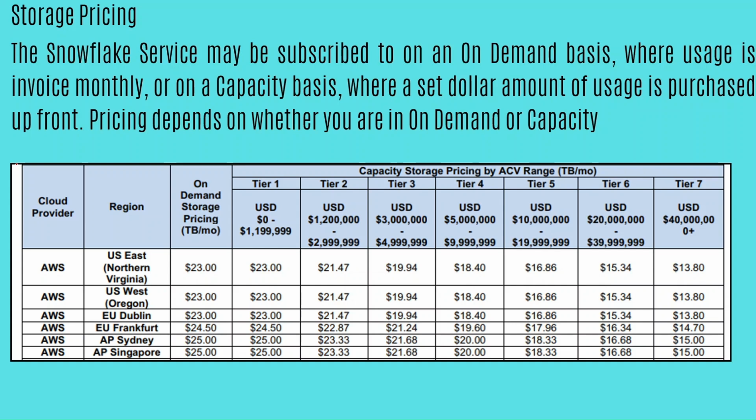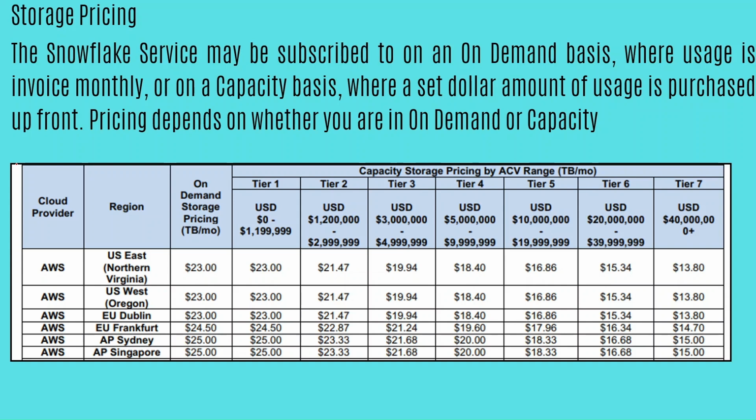So you can see the difference between on demand or tier 1, and tier 7. On demand and tier 1 it's $23, whereas in tier 7 it's $13.80 per TB. Got it?